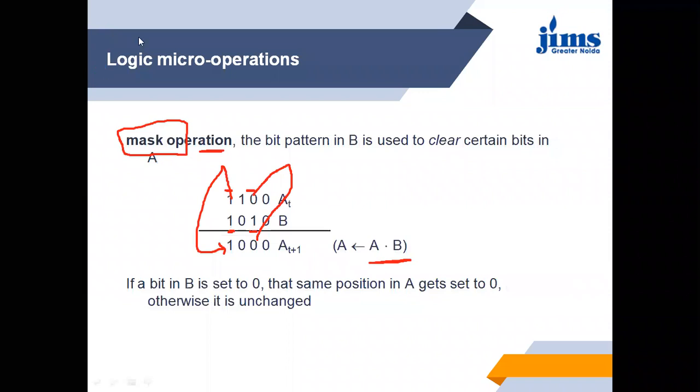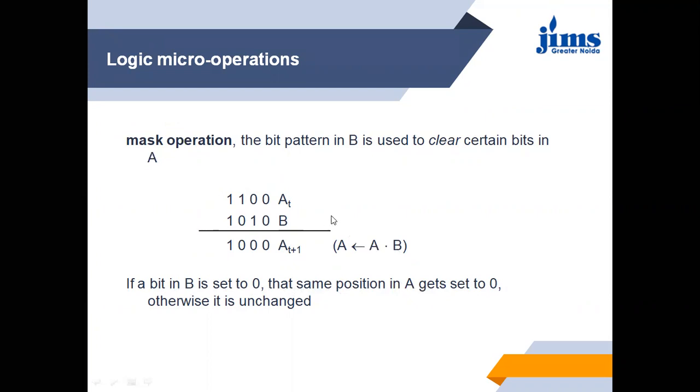Now the masking micro-operation. If a bit in B is set to 0, the same position in A gets set to 0.